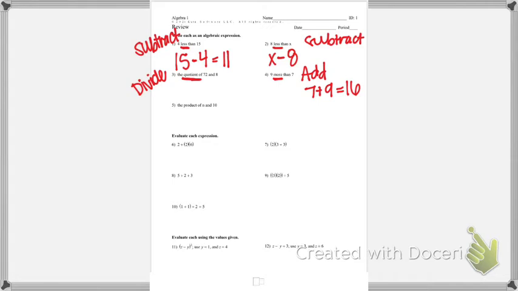The word product. Remember, the word product means to multiply. So the product of n and 10. So n times 10, you could write it that way. Now we don't know what n is, so we're not going to have an actual number. So you would just leave it as that in a case like this.